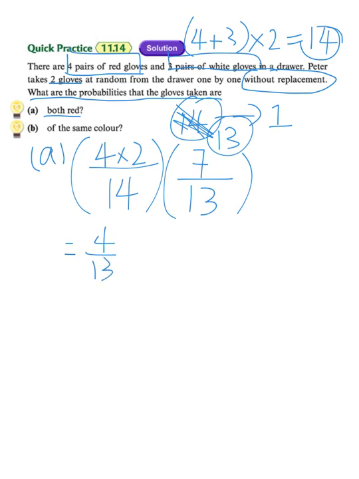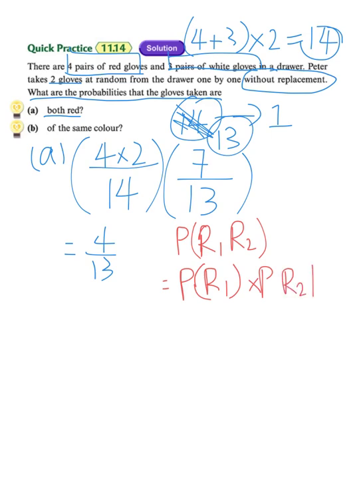Now here, the relationship between this QP and the dependent variable is here. You are trying to have two reds, R1, R2. You are trying to pick up the first red, but for the second, you can think of actually picking up the second red.